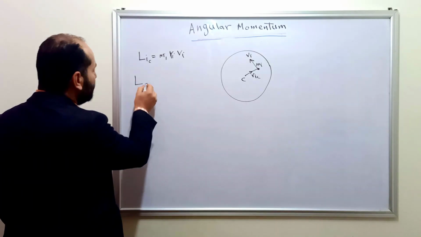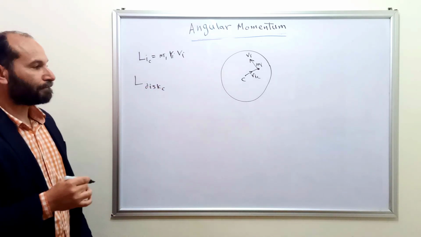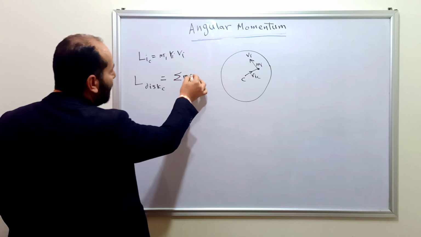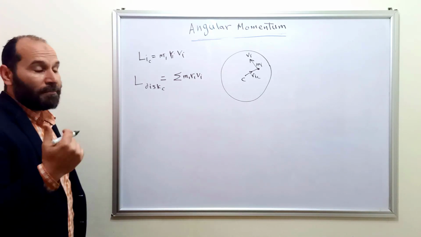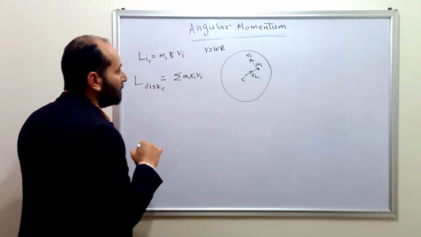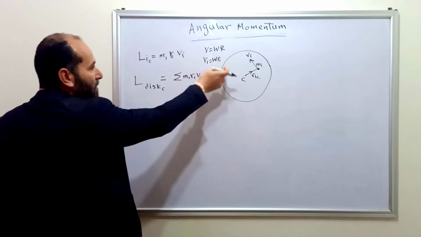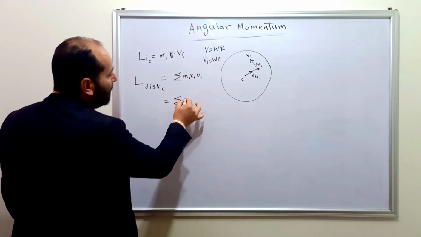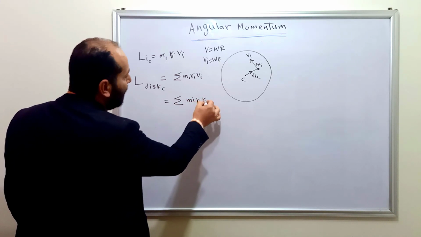If we find the angular momentum for the whole disk according to the point C, this equals summation Mi Ri Vi. As we did before, V equals omega R. So Vi equals omega Ri, because omega is constant for all the disk. So the summation of Mi Ri omega.